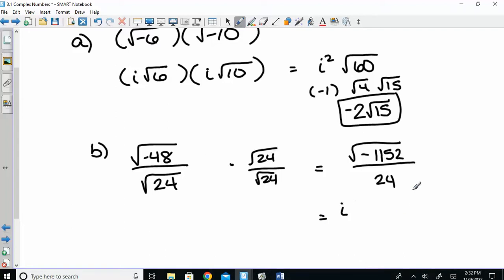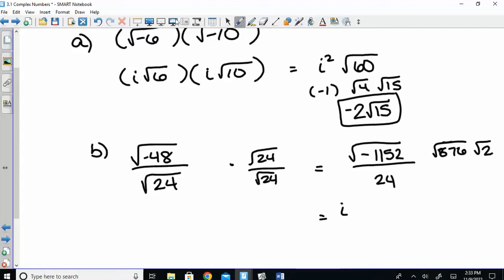I need to find something that goes into that. 24 squared, so 576 and 2.